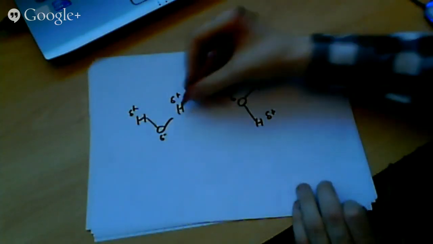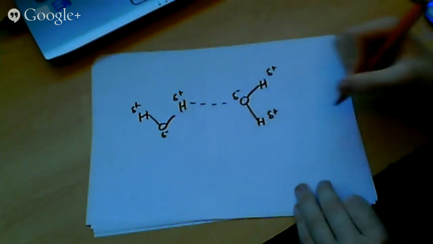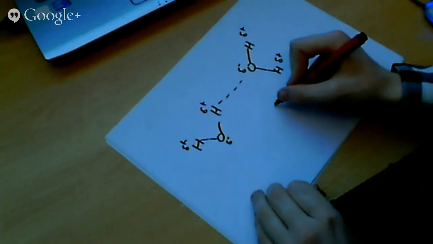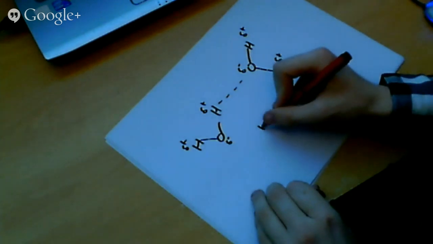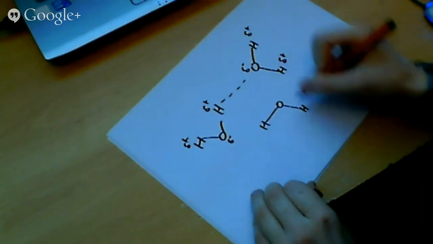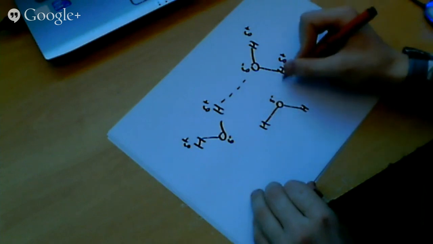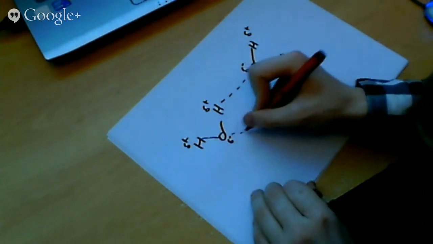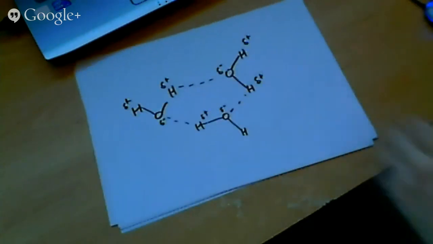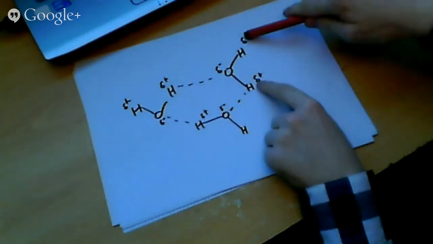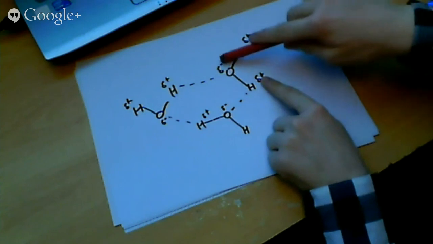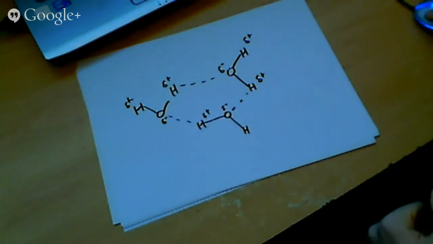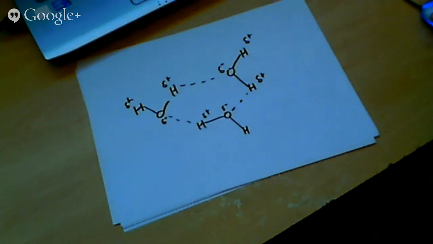So the positive and a negative charge can form a hydrogen bond. So you get hydrogen bonds forming because there's a slight positive charge on the hydrogen, slight negative on the oxygen, and oxygen and hydrogens on opposite water molecules attract. That's what you need to know.